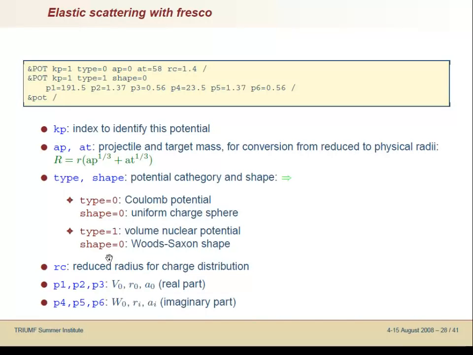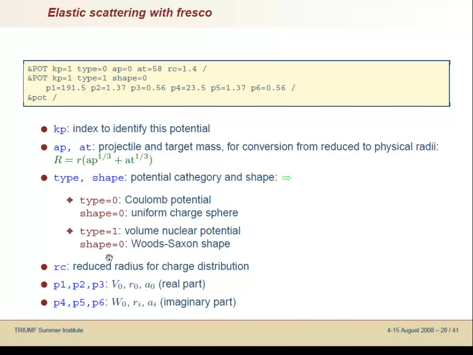So the first line defines the masses AP, AT for the conversion, but also this type equals 0. Each component of the potential is defined by two variables, the type and the shape. If we don't have shape here, this means that it is using the default shape equals 0.